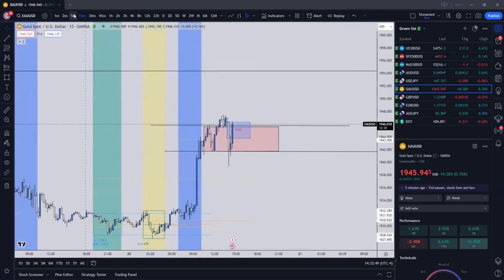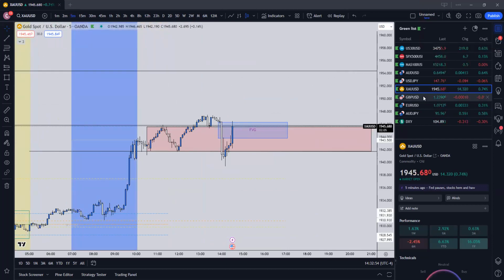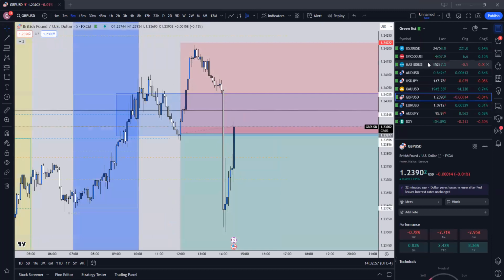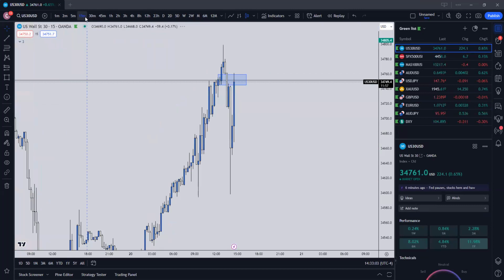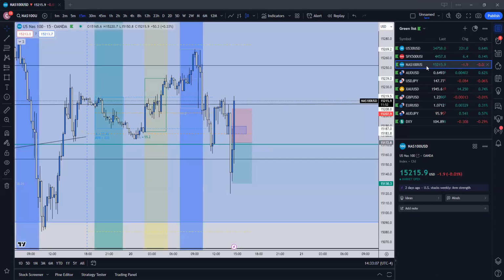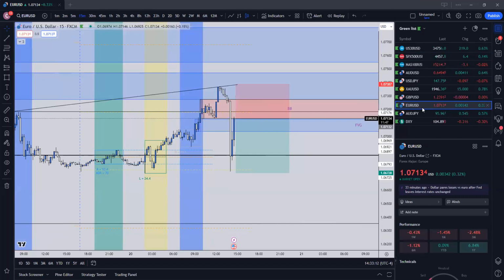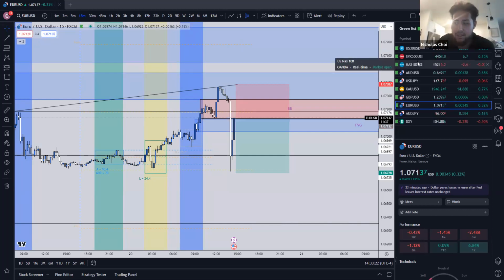Say it out loud. But yeah, after something doesn't go my way, I don't like to look at it until later. It helps to avoid revenge trading.